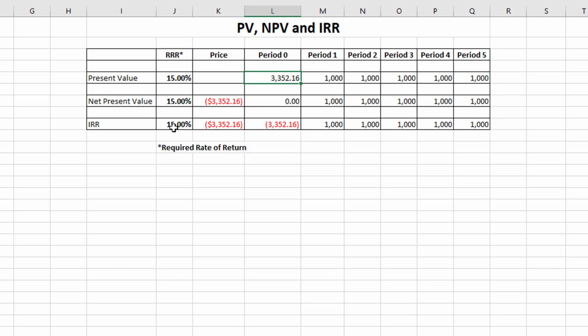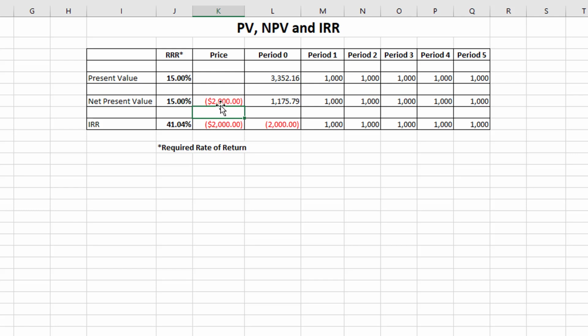So let me change the numbers a little bit here and show you exactly what I'm talking about. Let's assume that I don't want to pay $3,352 for that income stream. In fact, I'm only going to pay $2,000. What this is telling me, the net present value, is that this investment has a positive value.